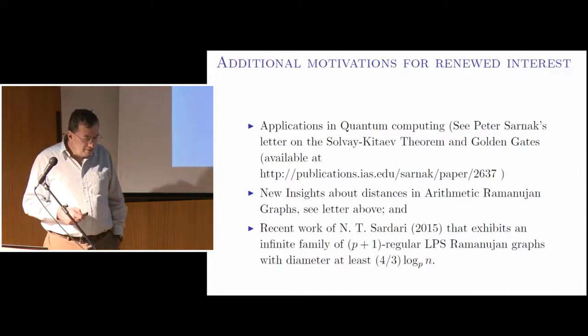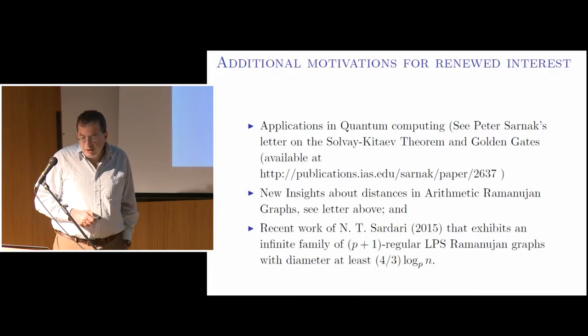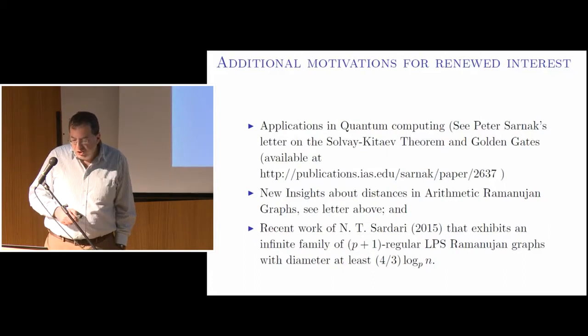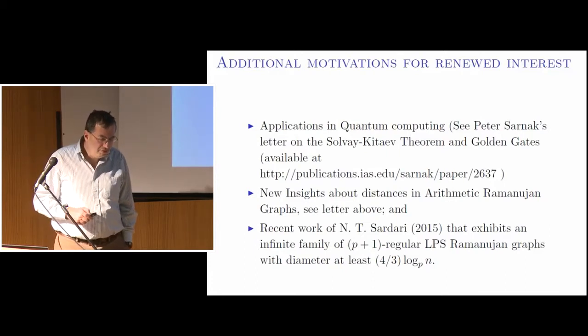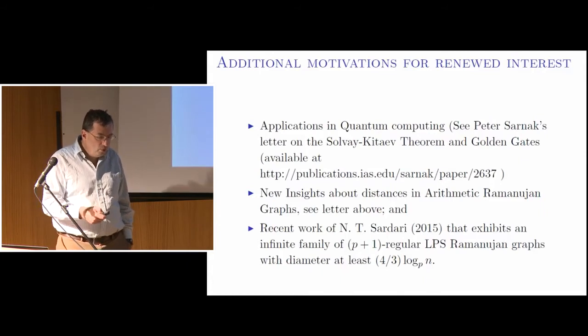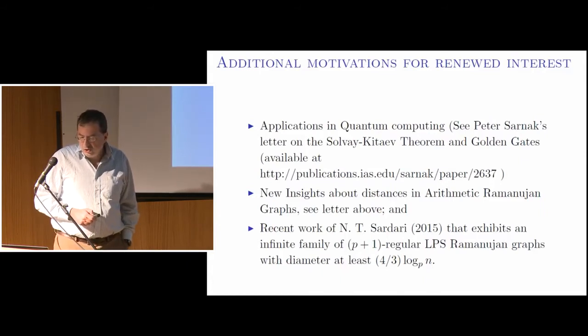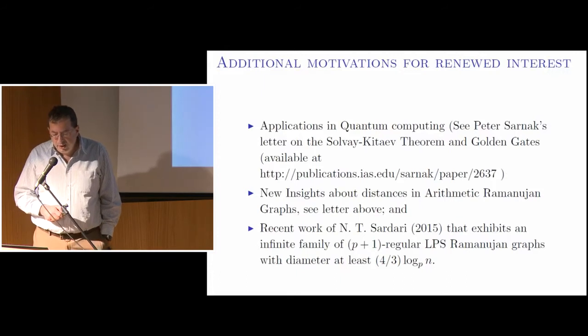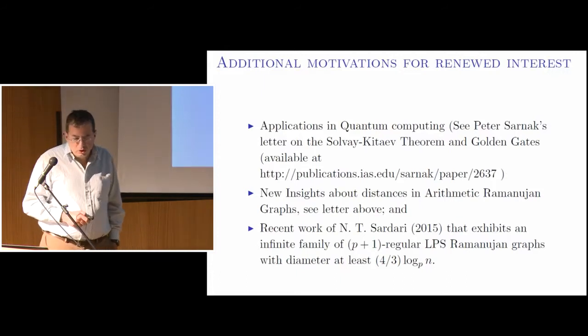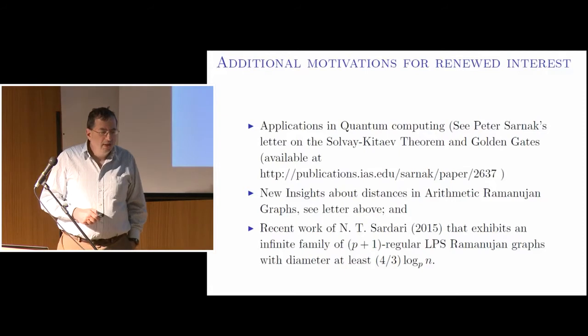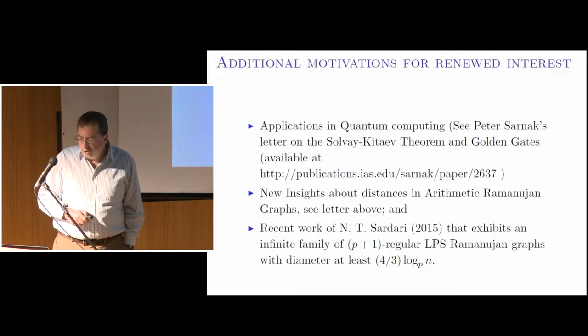So this is a classical theory by now going back to the 80s, but there's various motivations for renewed interest in these graphs. The probabilistic one I will describe next, but also there are applications to cryptography, to quantum computing, and you'll hear more about those in Peter Sarnak's talk. There are also new insights about distances in arithmetic Ramanujan graphs, these original constructions, again due to Peter and his students and collaborators.